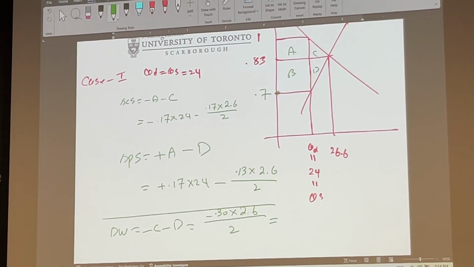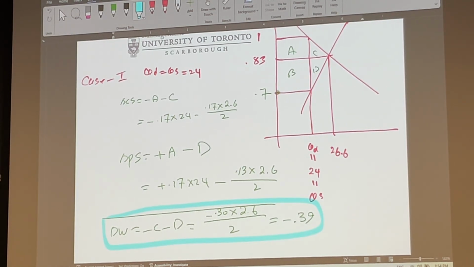That sounds like 39 cents, right? That is the deadweight loss for the Canadian version of the price floor. Okay?